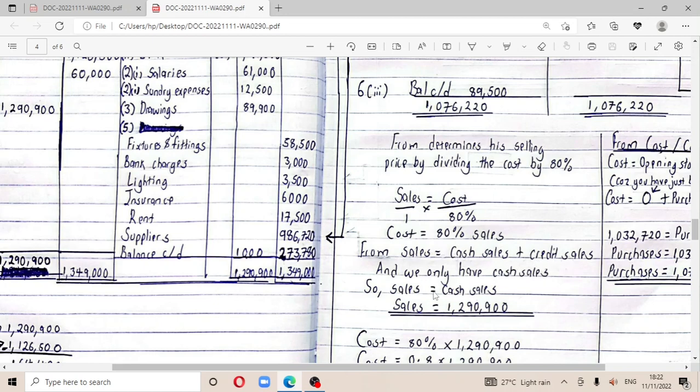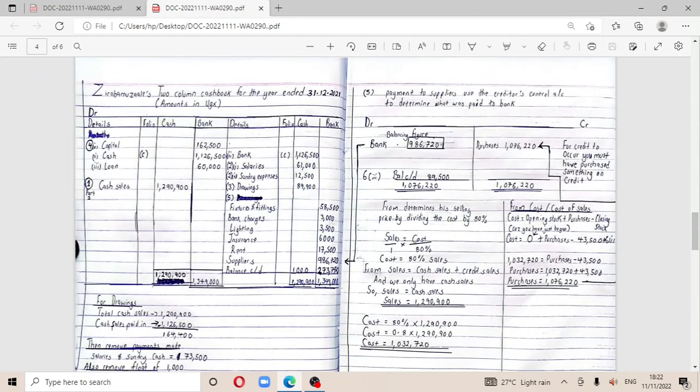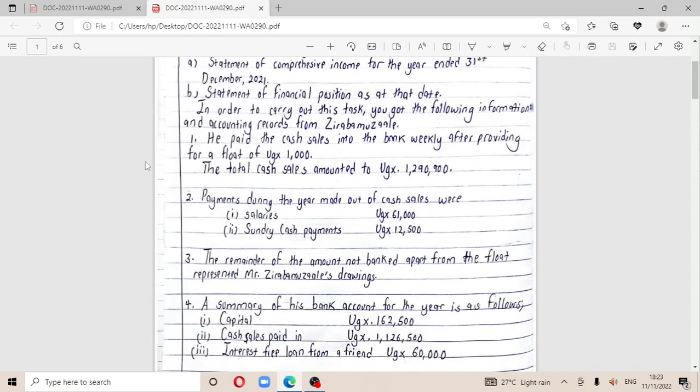So meaning our sales will equal the cash sales, and our sales are 1,290,900 because our cash sales were of this amount. You can get to see from note number 1 of part 2, this right here.